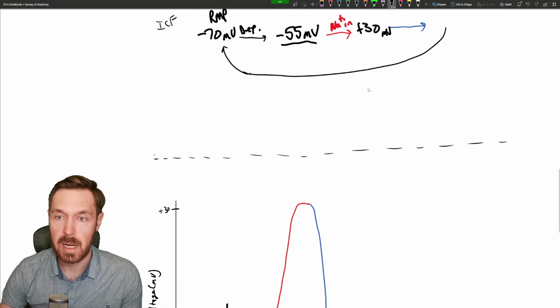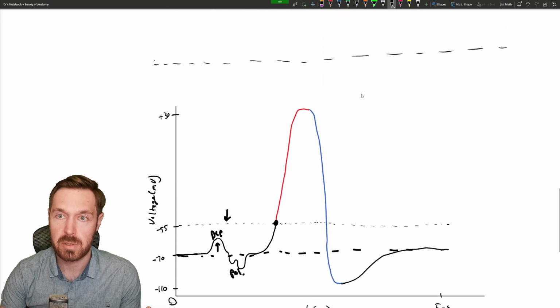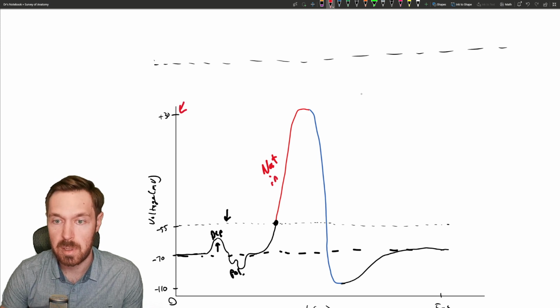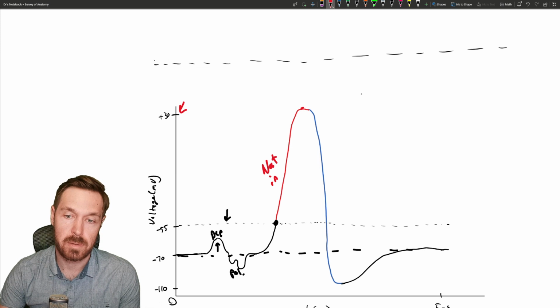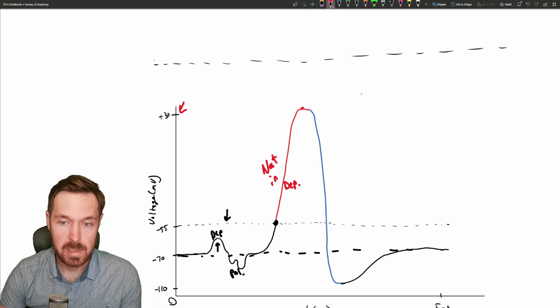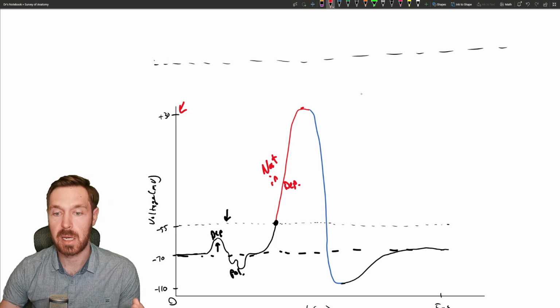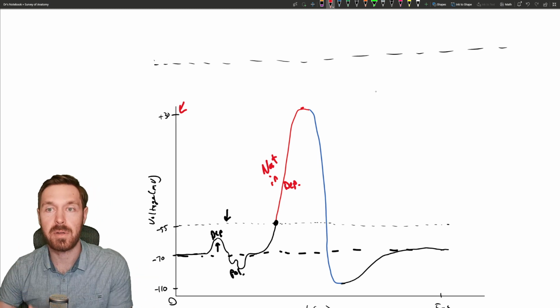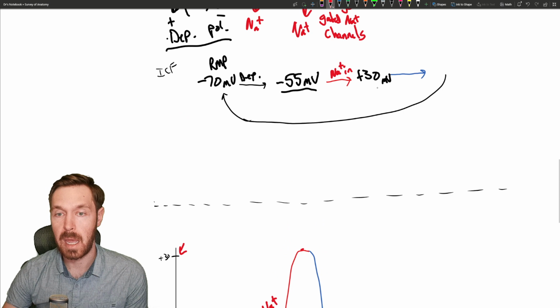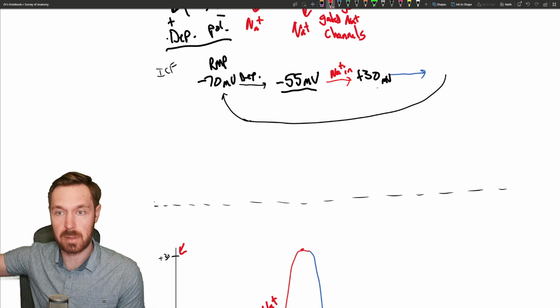So here you see that happening where you hit threshold, and you fly all the way up to plus 30 millivolts right here. Again, this is a depolarization. And you have initiated an action potential, and this will continue down the neuron until it reaches the end, opening the next voltage-gated channel and the next and the next.